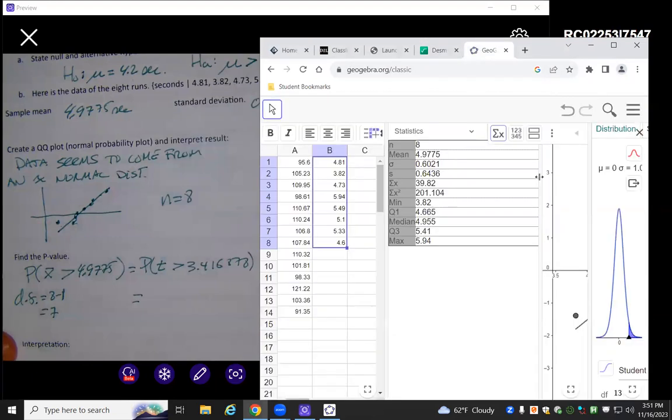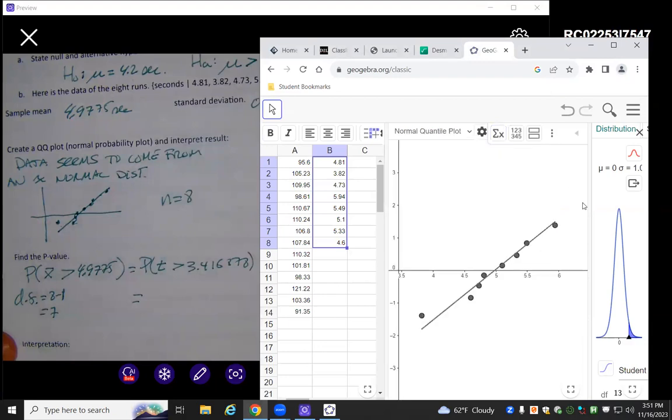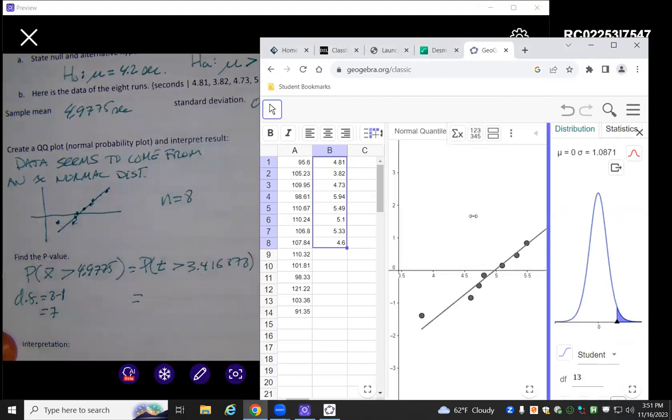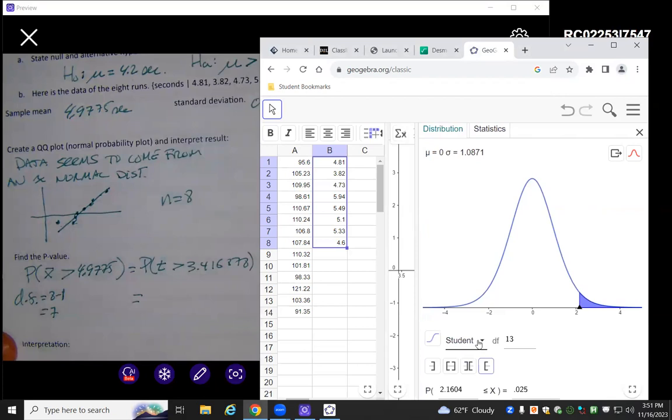Back to GeoGebra, get my calculator going. And it looks like I'm going greater again, so I have the right button. And I enter, I need to change my degrees of freedom to 7. That's the thing, always remember to change your degrees of freedom.